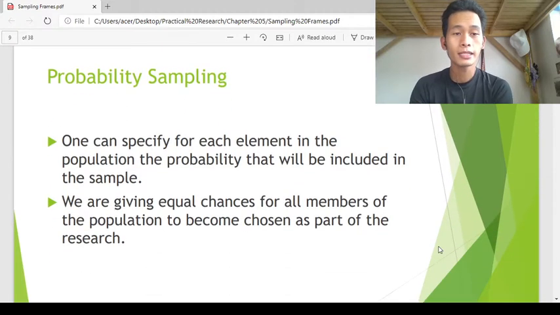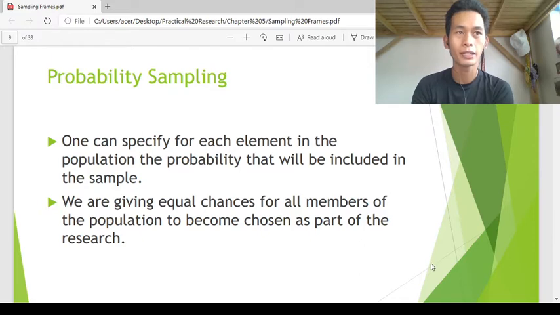Let's see, probability sampling. One can specify for each element in the population the probability that it will be included in the sample. So in probability sampling, this type of sampling gives equal chances for all members of the population to become chosen as part of the research.